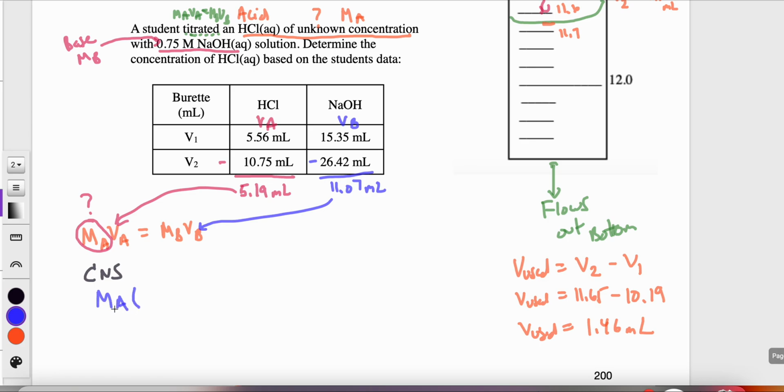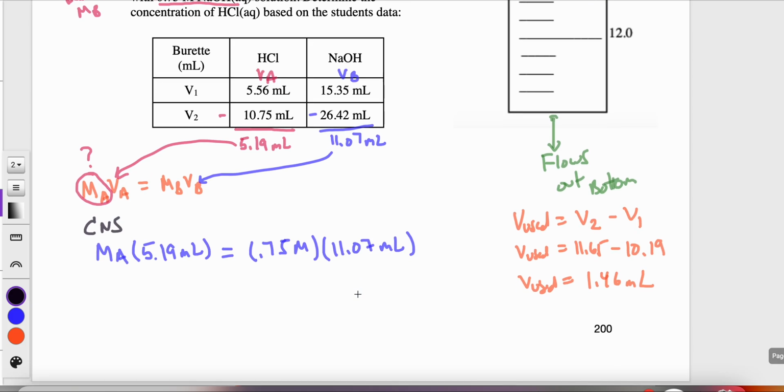So the unknown molarity of the acid multiplied by its volume of 5.19 milliliters equals the molarity of the base that we're pulling from the word problem, 0.75 molarity, multiplied by the volume of the base, which we determined to be 11.07 milliliters.